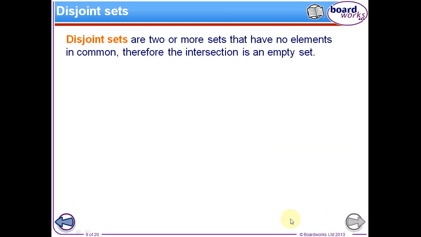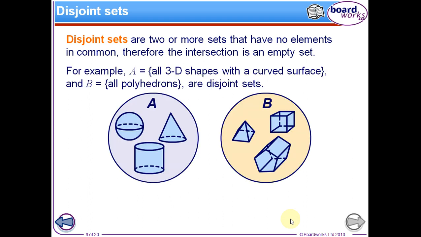Disjoint sets are two or more sets that have no element in common. Therefore, the intersection is an empty set. For example, consider set A as all 3D shapes with a curved surface. I hope you know what curved surfaces are, guys. And B is all polyhedrons.